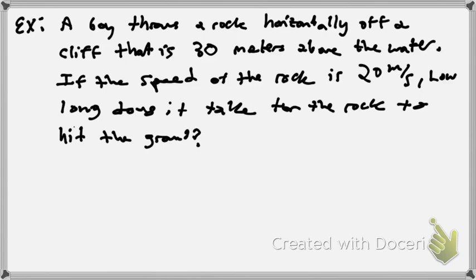All right, so let's analyze this question. A few things that we know. The very first thing is let's draw a picture. A boy throws a rock horizontally off a cliff that is 30 meters above the water.